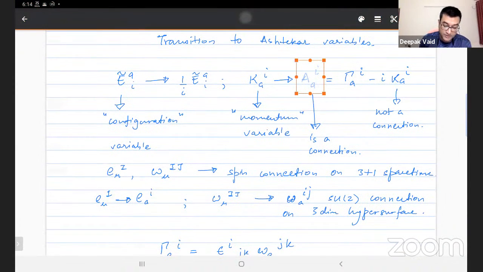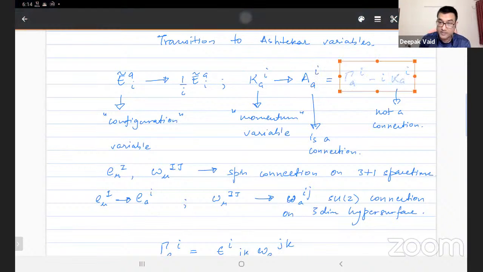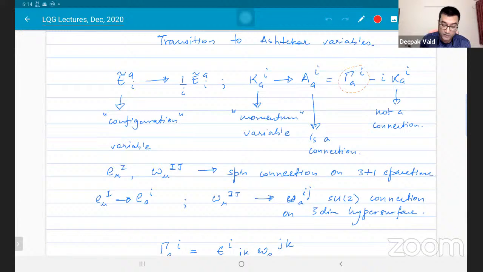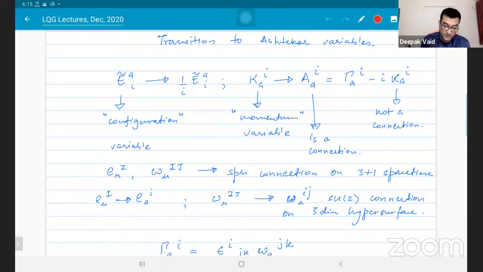So we introduce this coordinate A, which is given by this expression. Now, this involves this gamma. What is gamma? Gamma is the Christoffel symbol defined on the spatial manifold, which is compatible with the 3-dimensional metric on that manifold.